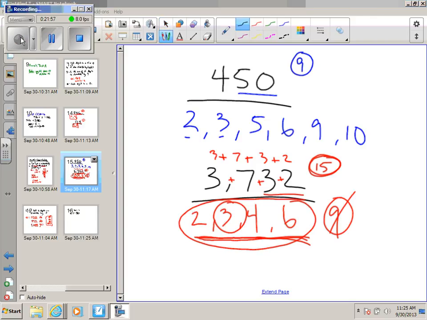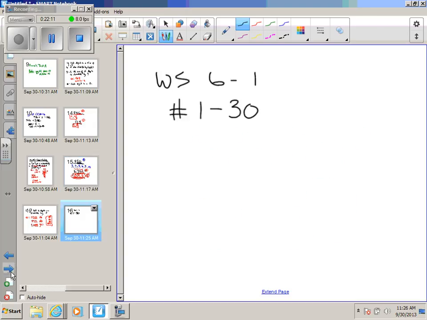So 1 through 12 are just like this. They're going to give you a number. Then you just need to list underneath it what it's divisible by. Okay? Any questions on the top part? 13 through 24 says, determine if the first number is divisible by the second number. So here's 13. And they give us 527.